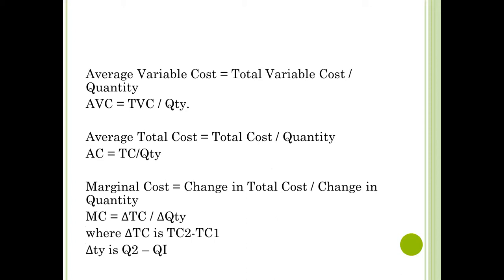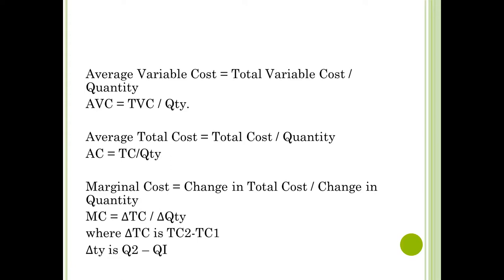And for average total cost, total cost is divided by quantity. And in order for us to find the marginal cost, change in total cost is divided by change in quantity. Wherein, again, the triangle is our symbol for change.